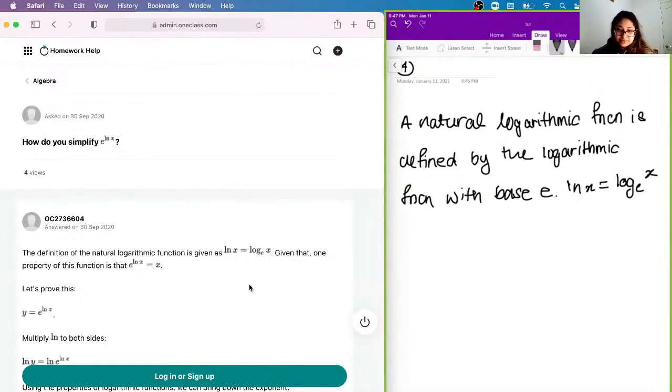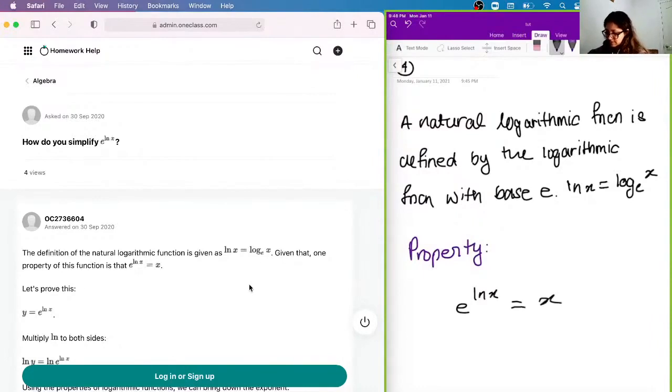So there's a property of your natural logarithmic function, that you have e to the power of ln of x is equal to x.